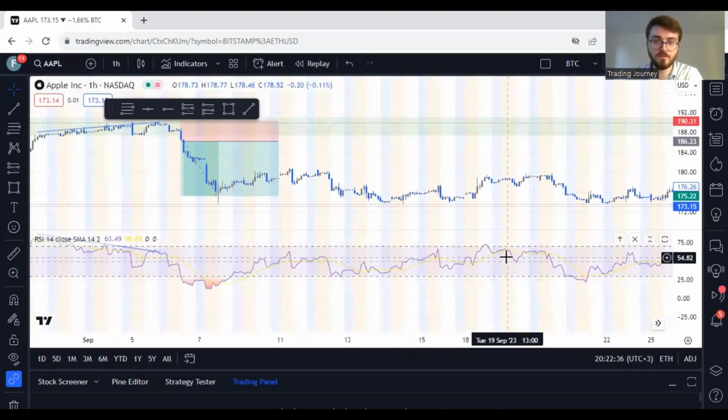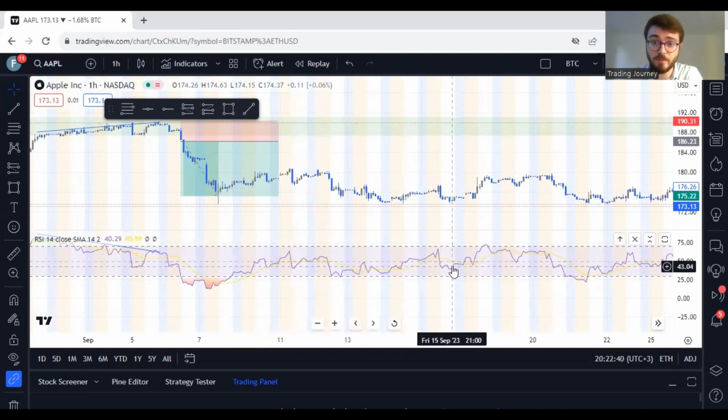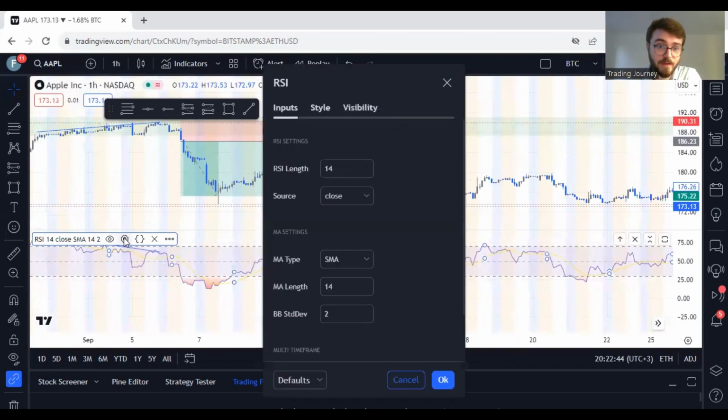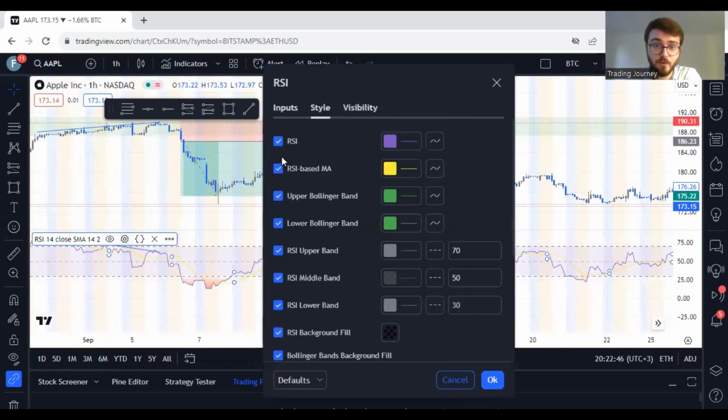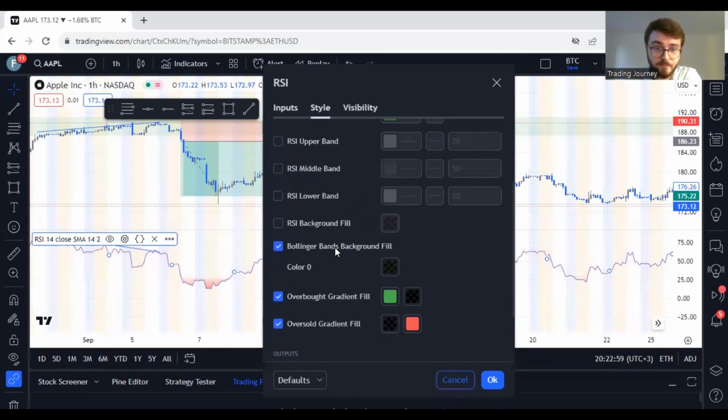But another thing to mention is that it's mainly a momentum indicator. So what you can also do is to go in the settings and just remove altogether this RSI-based EMA and the upper band, middle band, lower band. You just basically get rid of everything.